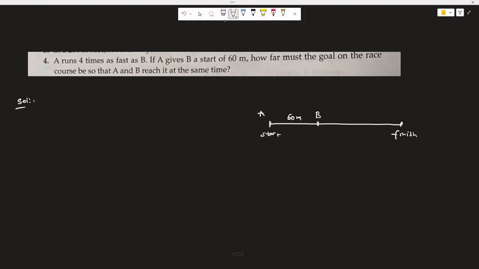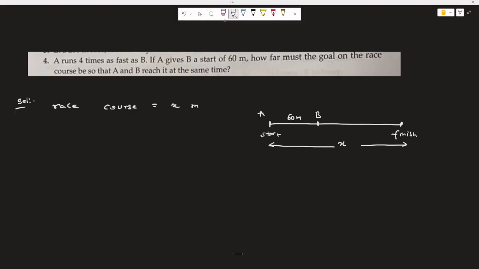So the distance between the players is 60 meters, with B ahead of A towards the finishing point. How far must the goal on this race course be so that A and B reach it at the same time? Let us suppose we don't know this factor, so take X meters as the race course. Write that down: race course. We need to find this X value.